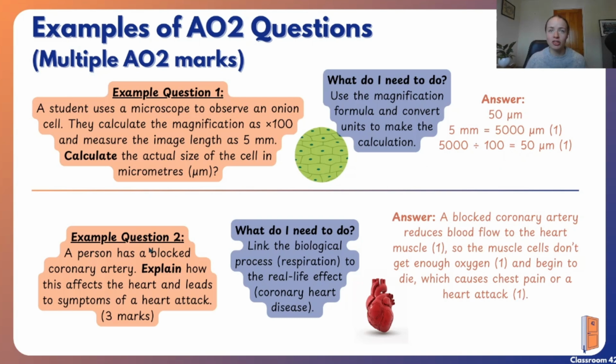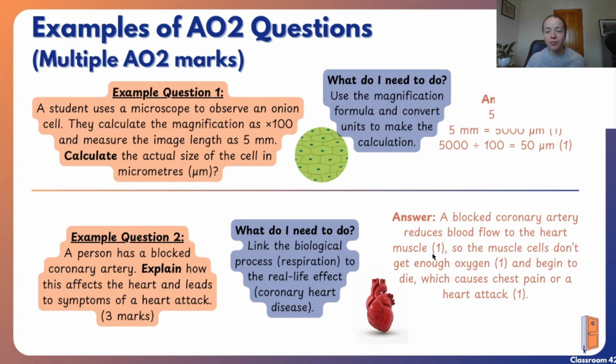And for example, question 2: a person has a blocked coronary artery. Explain how this affects the heart and leads to symptoms of a heart attack. And this is worth 3 marks. So we need to make sure we have 3 points here and we need to link the biological process to the real life effect, so coronary heart disease. So in this example question here, the student has written that a blocked coronary artery reduces blood flow to the heart muscles.